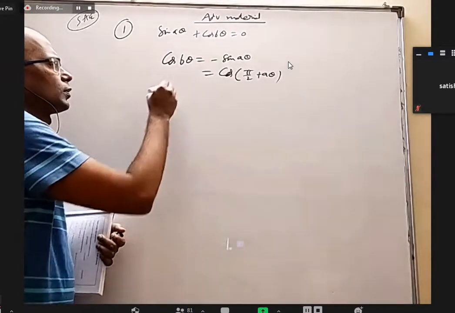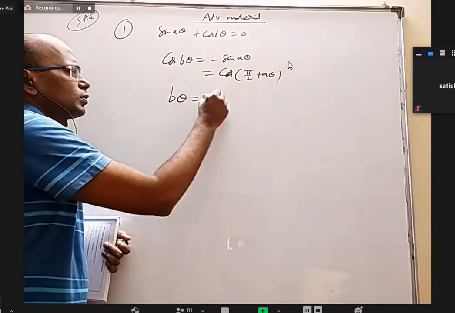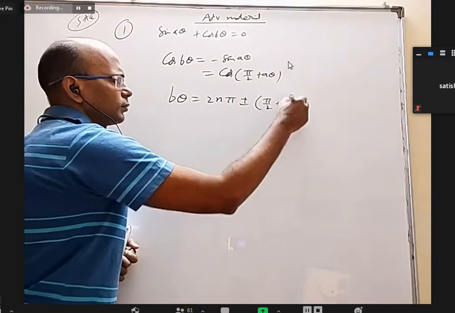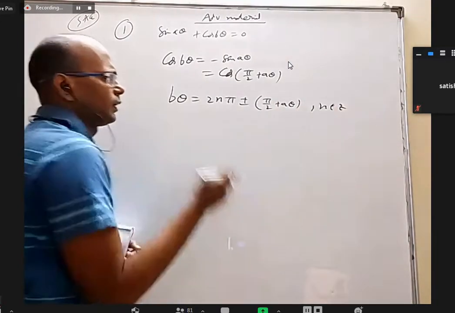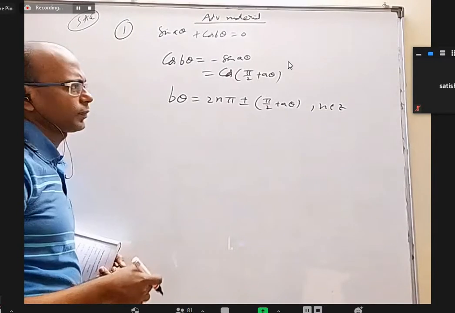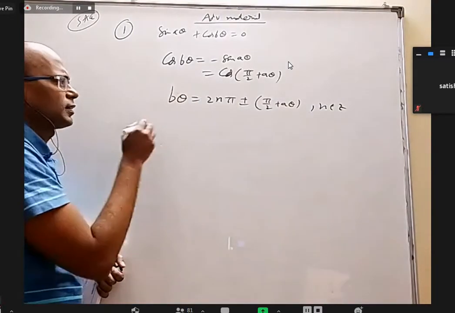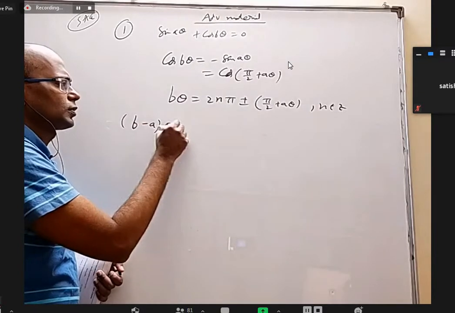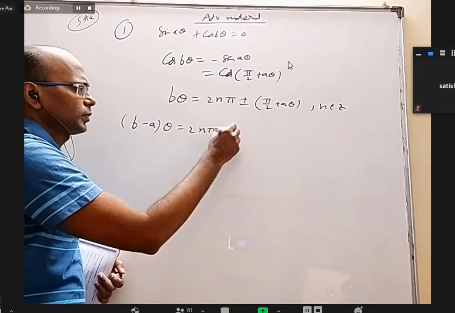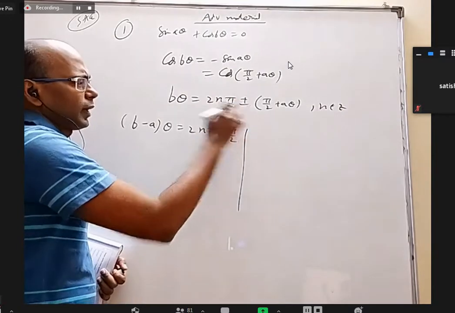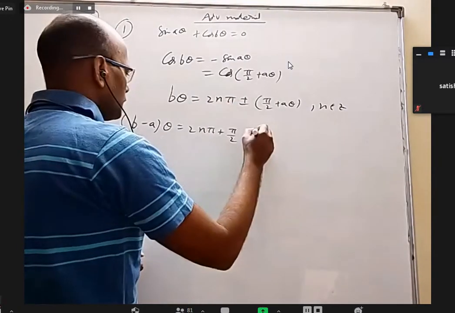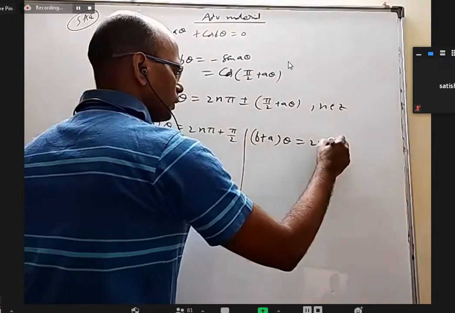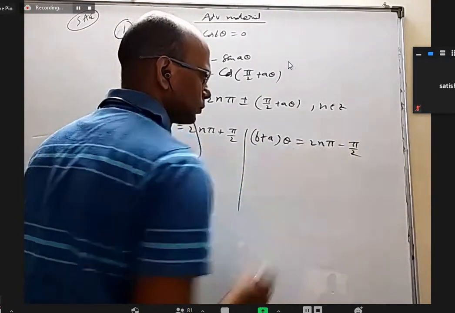Okay. So B theta is equal to 2n pi plus or minus pi by 2 plus A theta, where n belongs to z. I can take plus separately, minus separately. When I take plus and bring A theta this side, I'll get B minus A into theta is equal to 2n pi plus pi by 2. When I take minus, that will be B plus A times theta equal to 2n pi minus pi by 2.